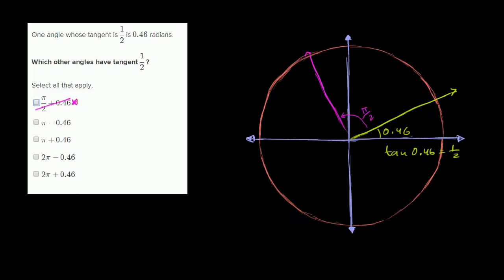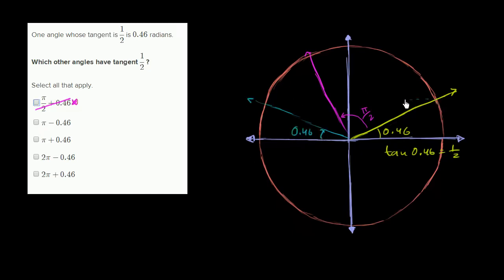Now let's think about pi minus 0.46. Pi is going along the positive x-axis. If you go halfway around, you're at pi radians. But then we're going to subtract 0.46, so it's going to look something like that, where this is the 0.46 that we have subtracted.